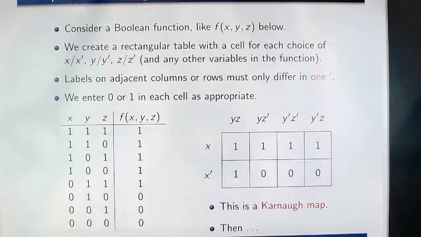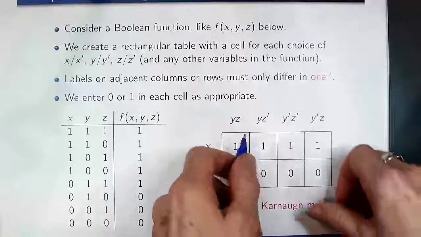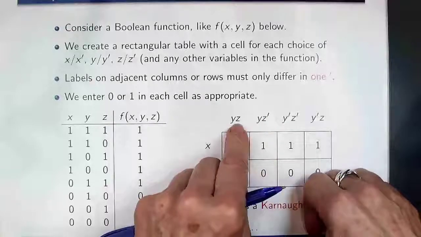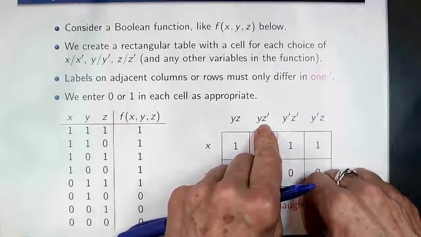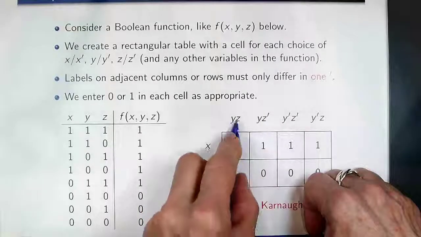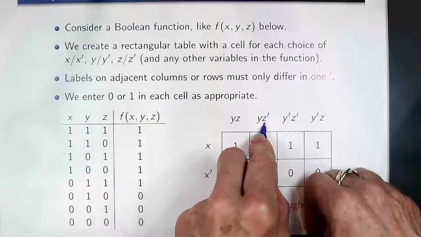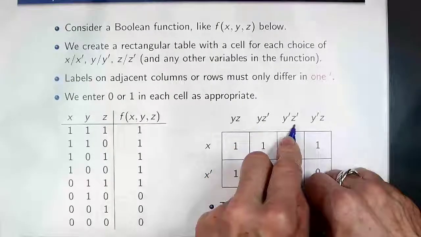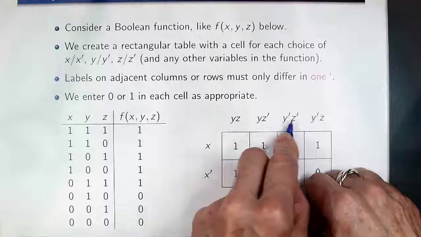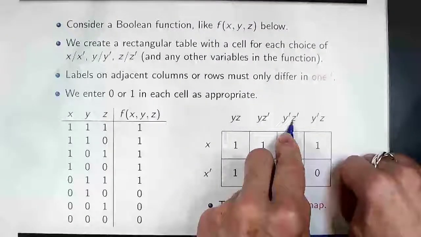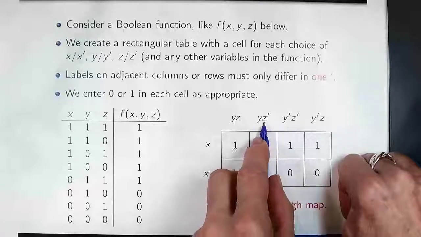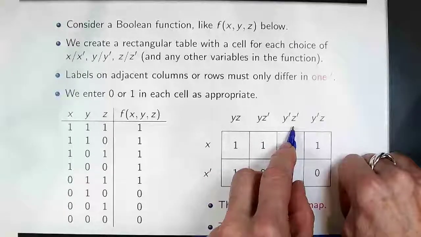Now, the important thing here is that as I move from one to the next, only one of these changes. Y remains Y, Z changes to not Z. Going from here to here, Y changes to not Y, but Z dash remains Z dash. It's critical that as you go from one to the next, only one changes.